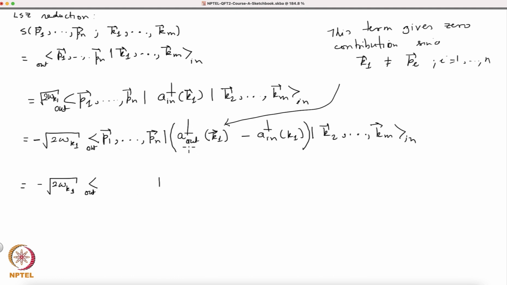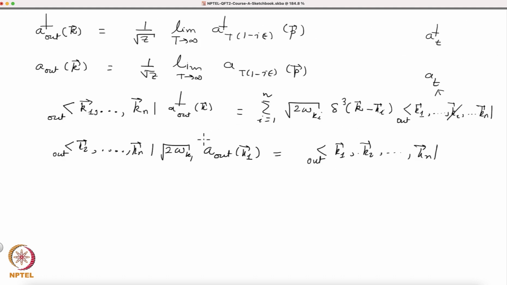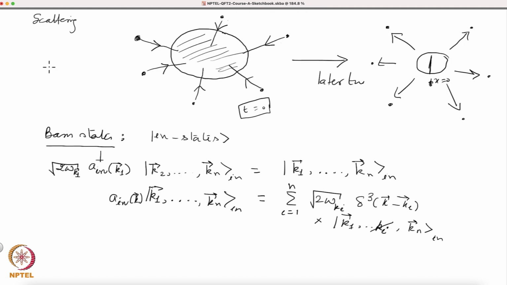And you remember what is A dagger out, that involves A dagger at time t1 minus i epsilon, K1, and you have to put a factor of 1 over square root of Z. Let's go back and check. Yeah. Here you have, these are for out states, but for in states also.